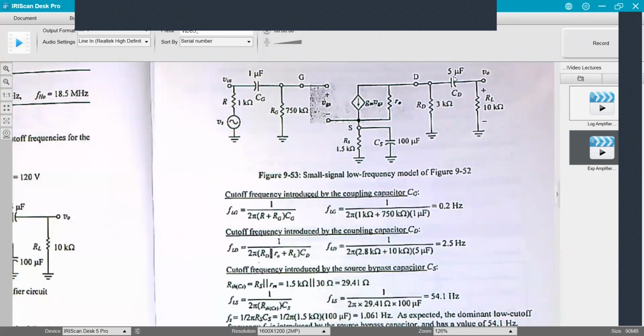And so I'm going to need to find R Thevenin as seen by each one of these in order to calculate the pole associated with each of these capacitors. That'll be my low frequency. Remember, the low frequency poles are always associated with the external components that we put here, here, here. The high frequency pole is associated with internal capacitances inside of your device here.